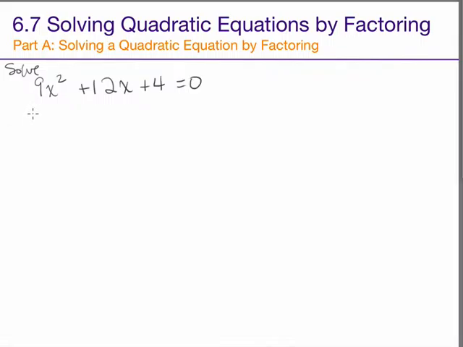Solving this equation means putting this side in its factored form. What is its factored form? My product is 36.